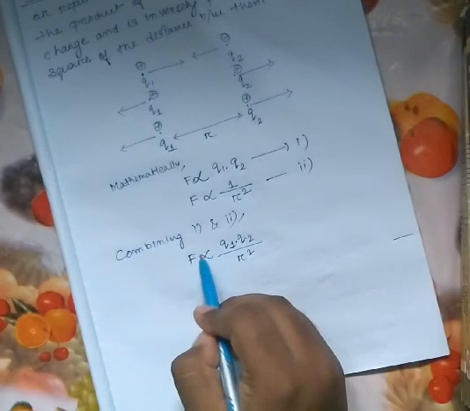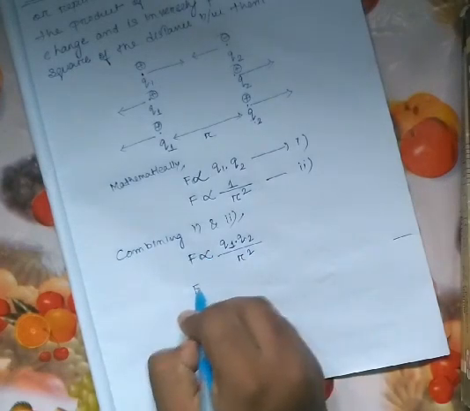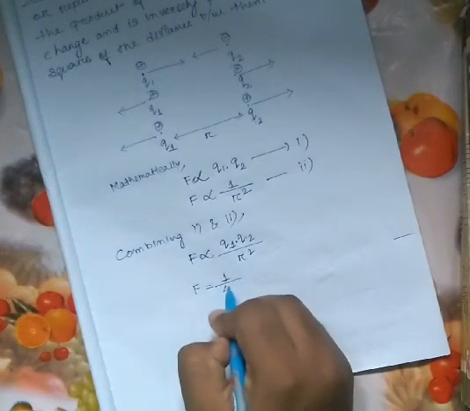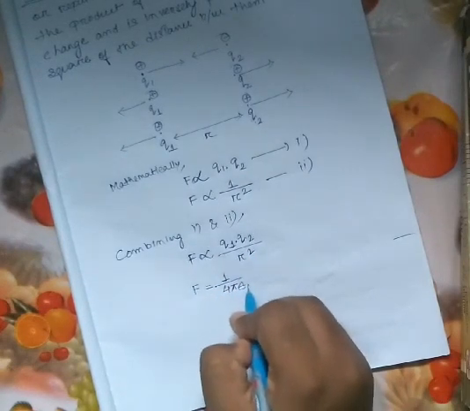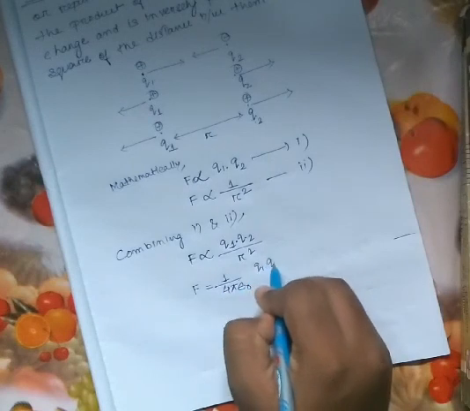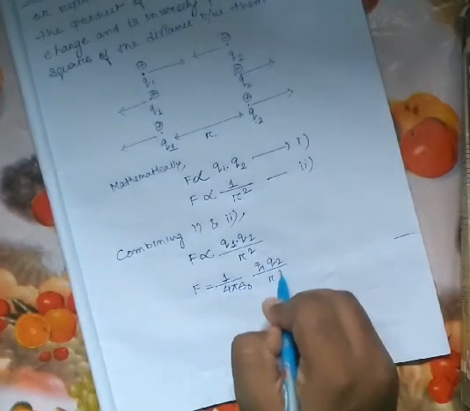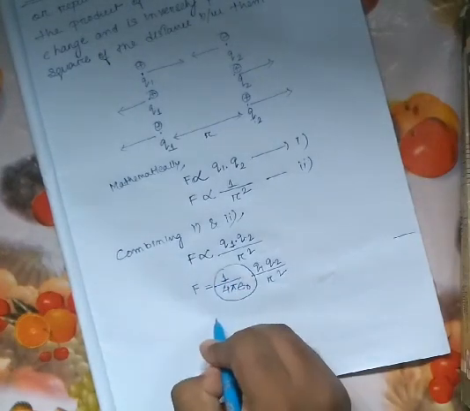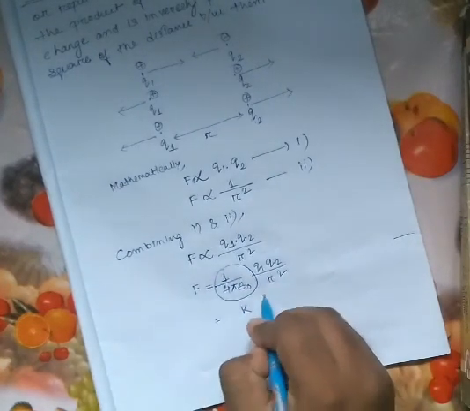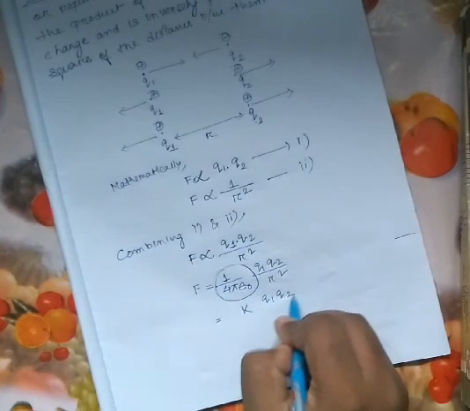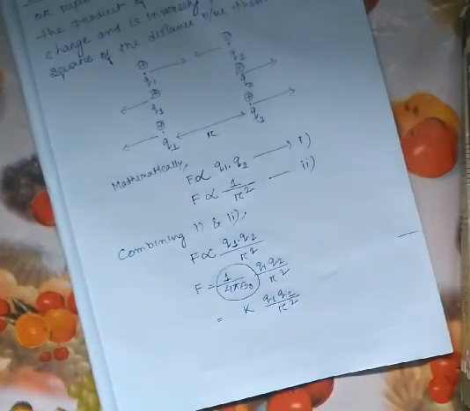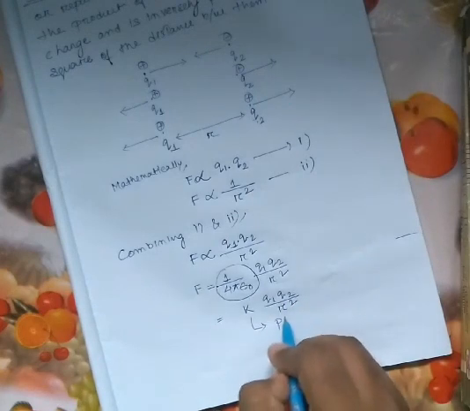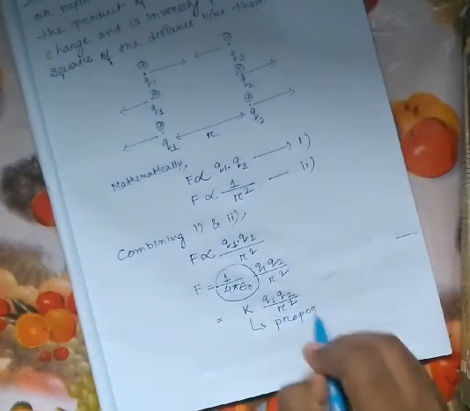To remove this proportionality sign, F equals 1 by 4 pi epsilon naught, Q1 Q2 by R square. This one we can also write as k Q1 Q2 by R square, where k is known as the proportionality constant.